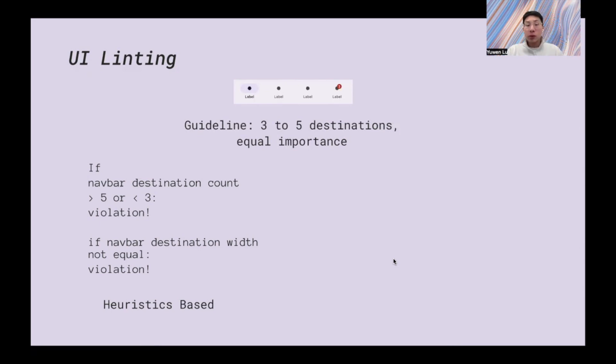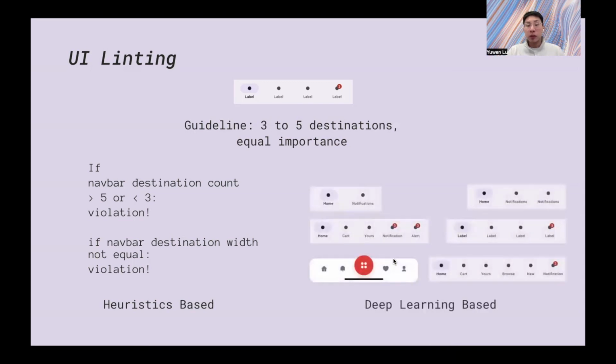And more recently, researchers have looked into how to use deep learning to solve this problem. So when you do deep learning based UI linting, you usually take a vision or multi-modal deep learning model and input a whole bunch of positive and negative examples of components or screenshots, meaning components that conform to the guidelines versus components that do not conform to the guidelines.